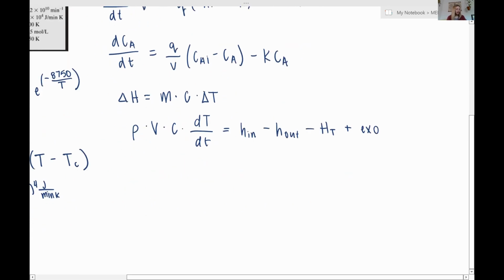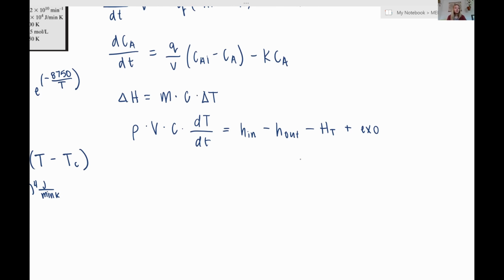So we can go ahead and substitute some variables that were given for our H in, H out, and heat transfer and exothermic, so we can use the variables that were given to solve this problem.